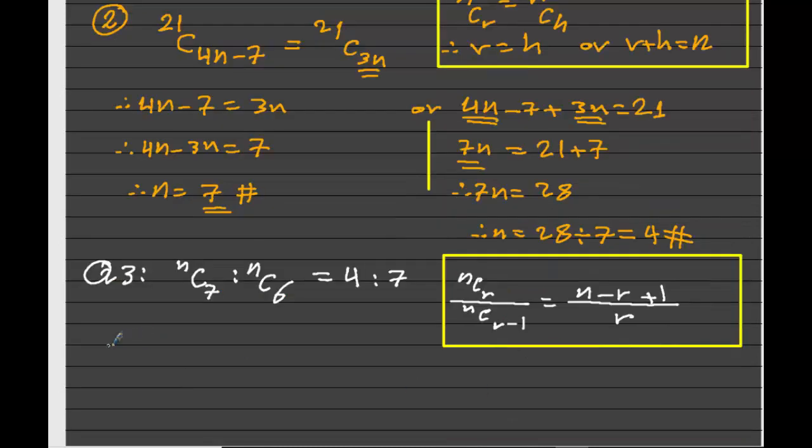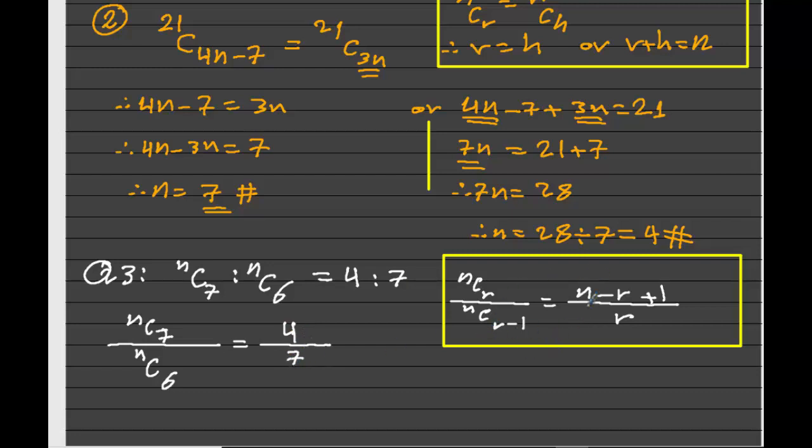We have nC7 over nC6. The difference between them equals 1, like here, r and r minus 1. Here we have 7 and here we have 6. In the right-hand side it is 4 over 7.